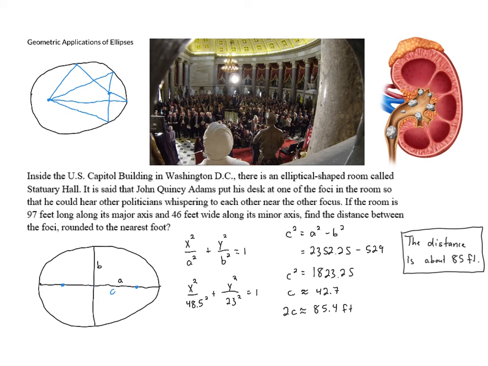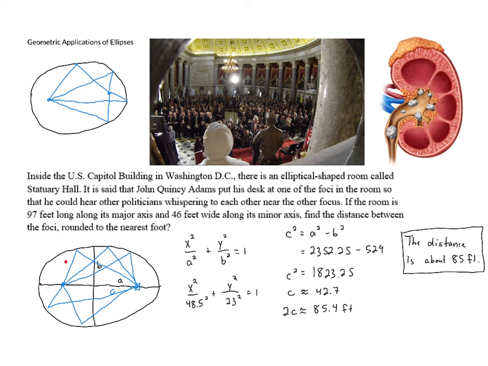Well, because it's an elliptical-shaped room, if his desk is at one of the foci, and there are people whispering at the other one, even though they're speaking very, very quietly, their sound waves are going to emanate out throughout the room, and they're going to bounce off all of the walls and the ceiling, and they'll all be reflected to where John Quincy Adams's desk is.